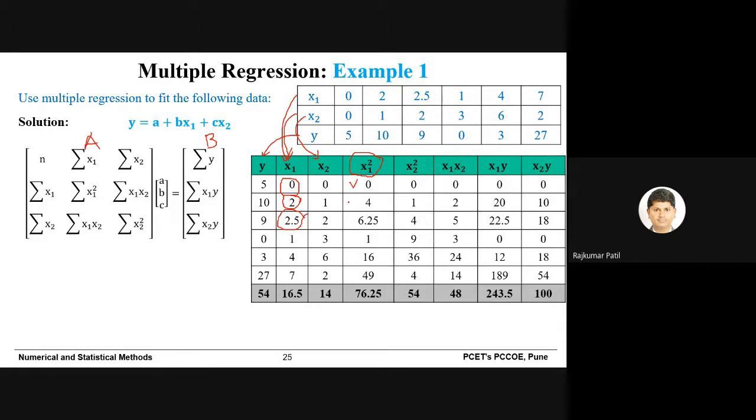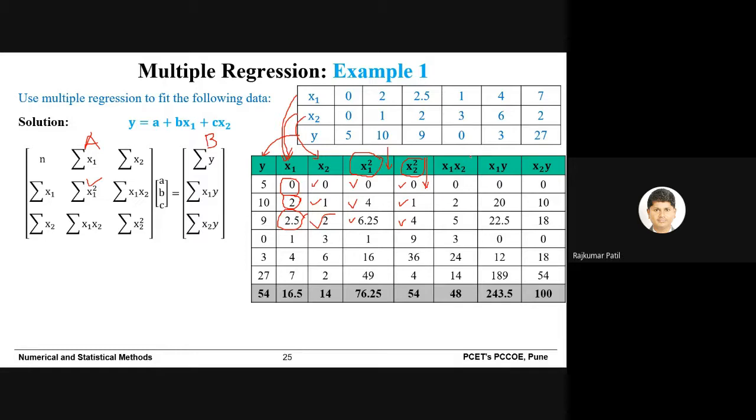So this is how you will prepare the column number 4. In column number 5, you will take square of x2. So here it is x2, so square of 0 is 0, square of 1 is 1, square of 2 is 4. Similarly, you can prepare the column for the values of x2 square.